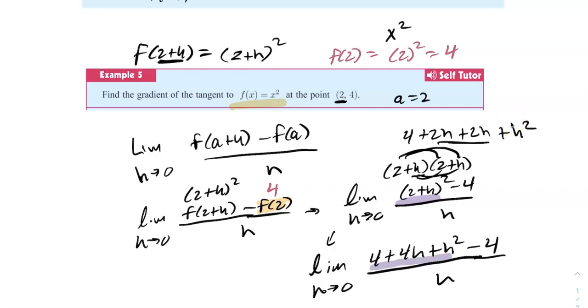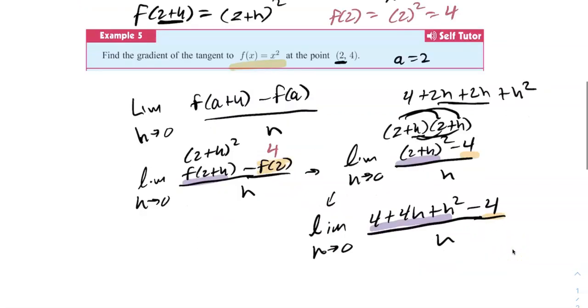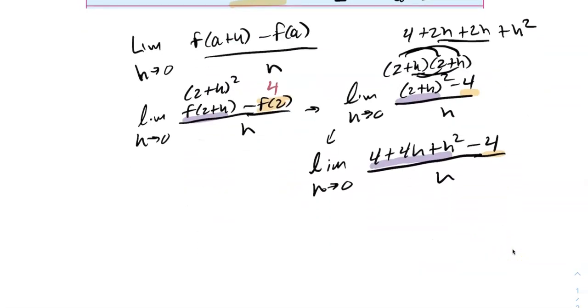All this came from this guy, and the 4 came from my original thing right here. So that's where those values came from. F of 2 plus h, if I substitute into the equation x squared, I got this, which I simplified to this. And f of 2, substitute 2 into the equation, you get 4. And now we just do some algebra. Positive 4 minus 4, those things cancel out.